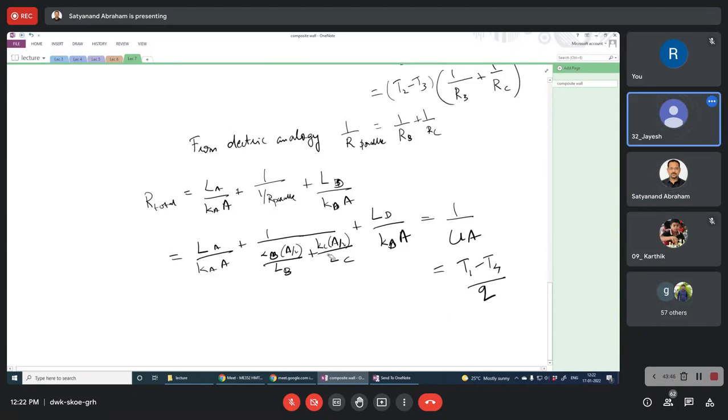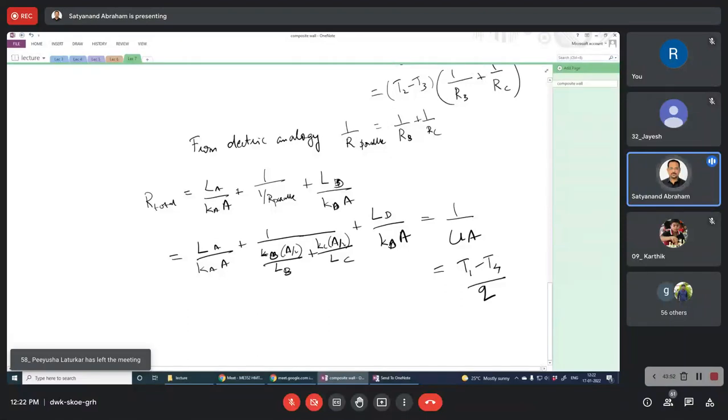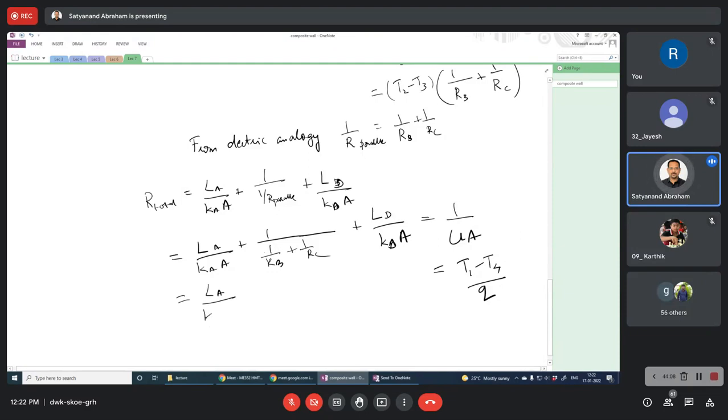Is that clear? So 1 by R parallel can be written as 1 by RB plus 1 by RC, which is equal to LA by KA into A, plus 1 by RB, which is KB A by 2 divided by LB, plus KC A by 2 by LC, plus LD by KD into A. Is that clear now?